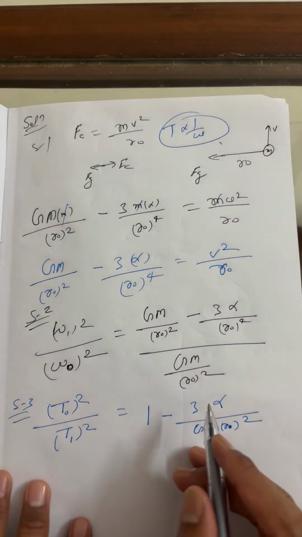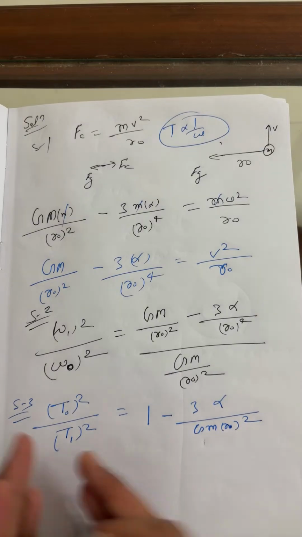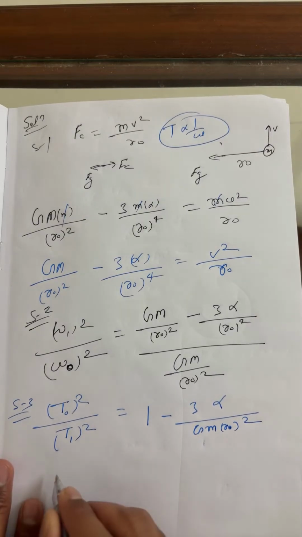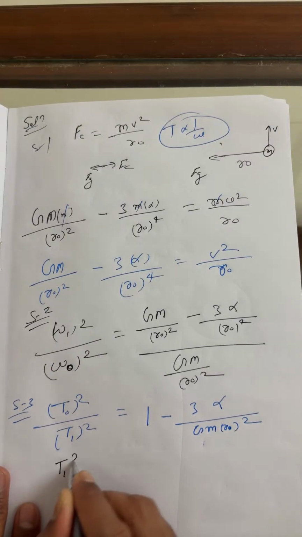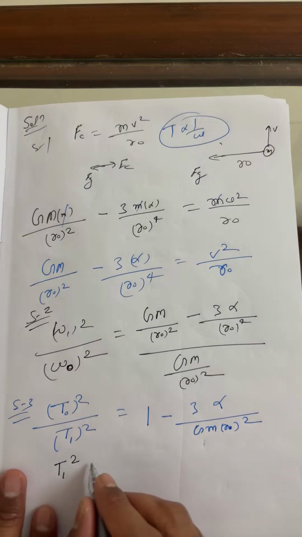So finally, moving this minus one to this side, this is T1 square, minus plus.